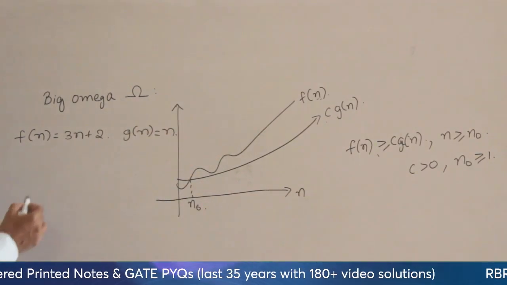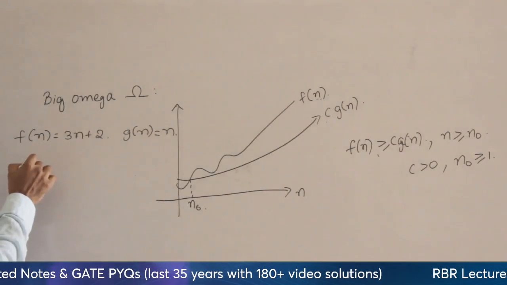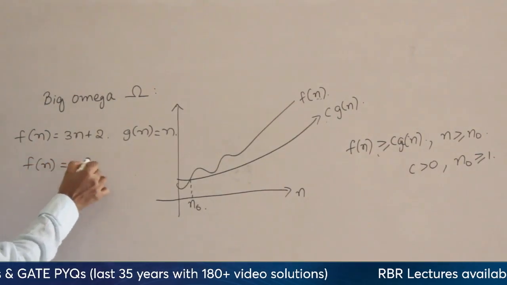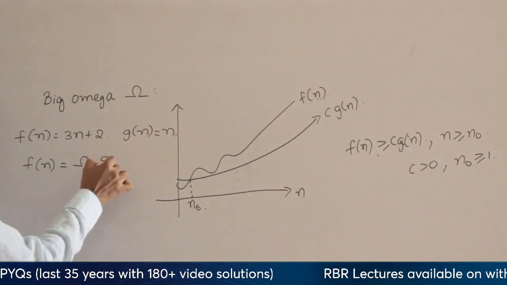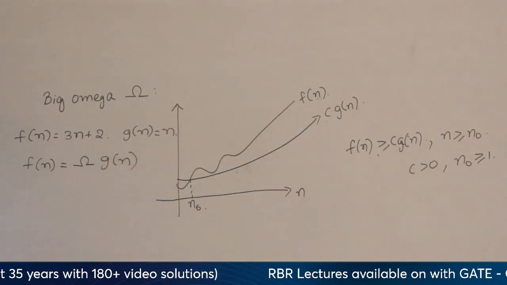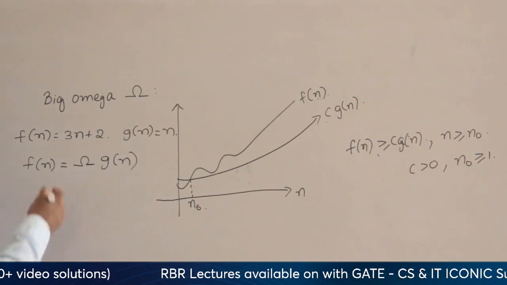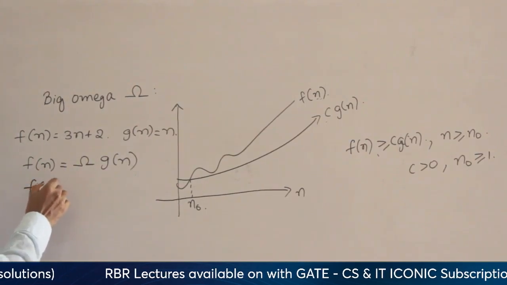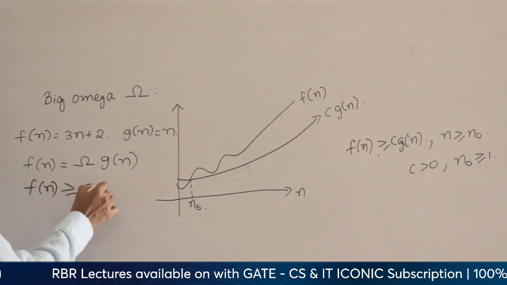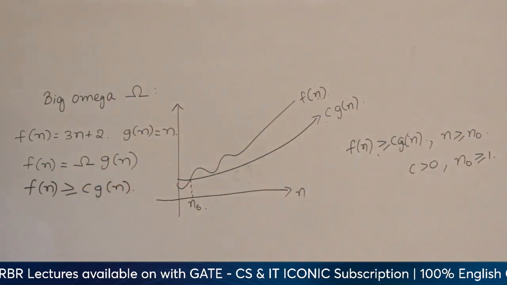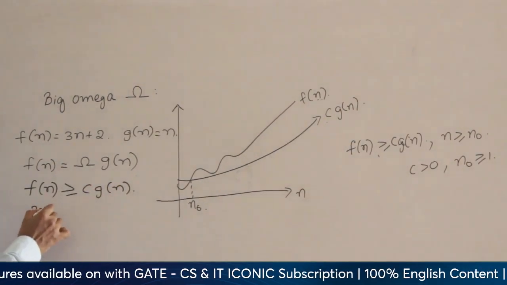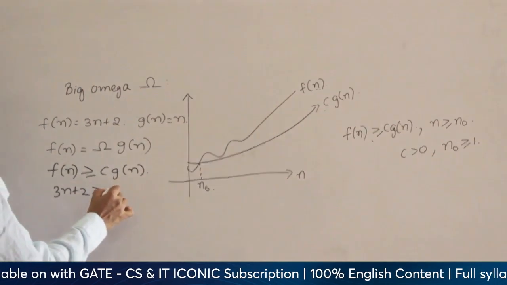Just check this. If f of n has to be big omega of g of n, then f of n should be greater than or equal to c into g of n. So f of n is 3n plus 2, which has to be greater than or equal to n.